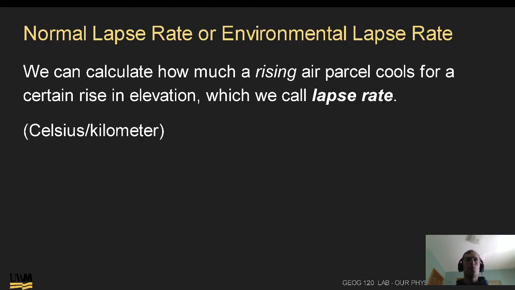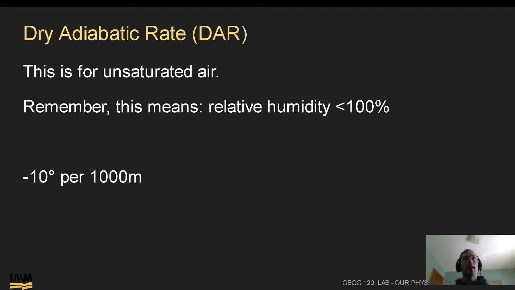The rate at which this parcel cools as it rises is called the lapse rate, which is given in degrees per distance, such as Celsius per kilometer. For unsaturated air, meaning the relative humidity is less than 100%, the rate is about 10 degrees of cooling for every kilometer that you go up in elevation.